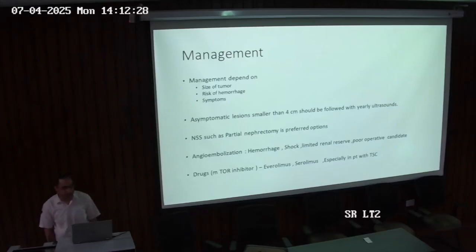Another approach is angioembolization. If the patient presents with severe shock and hemorrhage, is a known case of CKD, or has multiple comorbidities and is unfit for surgery, such patients are preferred for angioembolization. Another option is an mTOR inhibitor, everolimus or sirolimus, especially in syndromic patients associated with tuberous sclerosis.